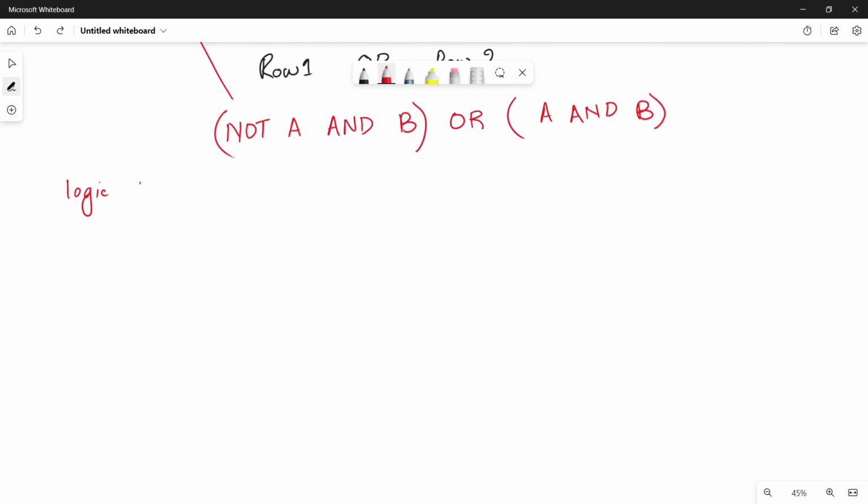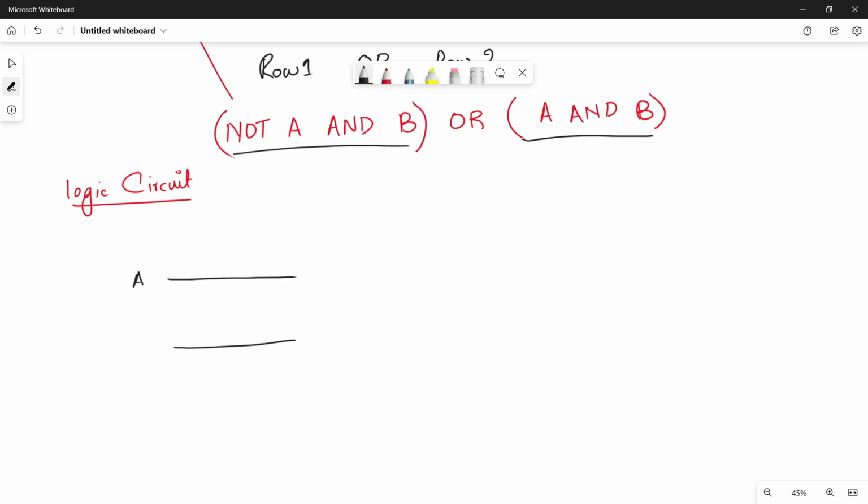Now let's make a logic circuit out of this expression. Let's quickly do the logic circuit. In the logic circuit, first you have to solve the brackets. The first bracket says that the inputs will go like this. If it is A and it is B, A will go with a NOT, meaning you have to invert the value to make it not A. And then B goes directly through an AND gate like this.